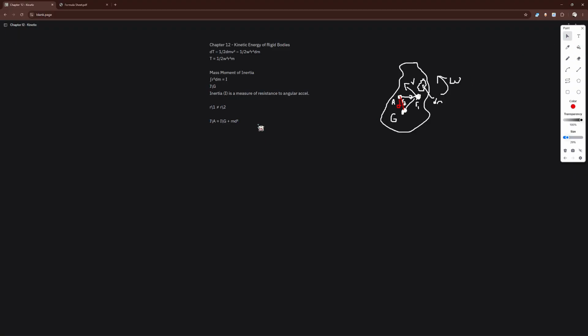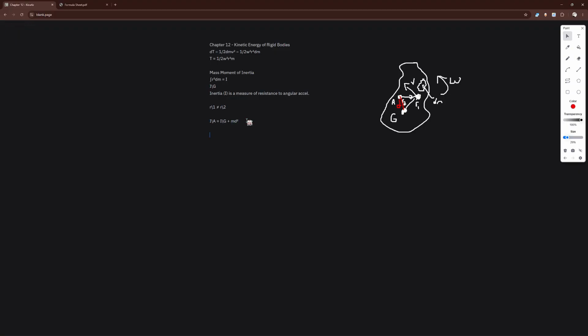So factoring in mass times that distance squared is enough to make a parallel axis. You'll get this as your setup, and then you'll calculate IA this way, or you can calculate IG by subtracting md squared, right?